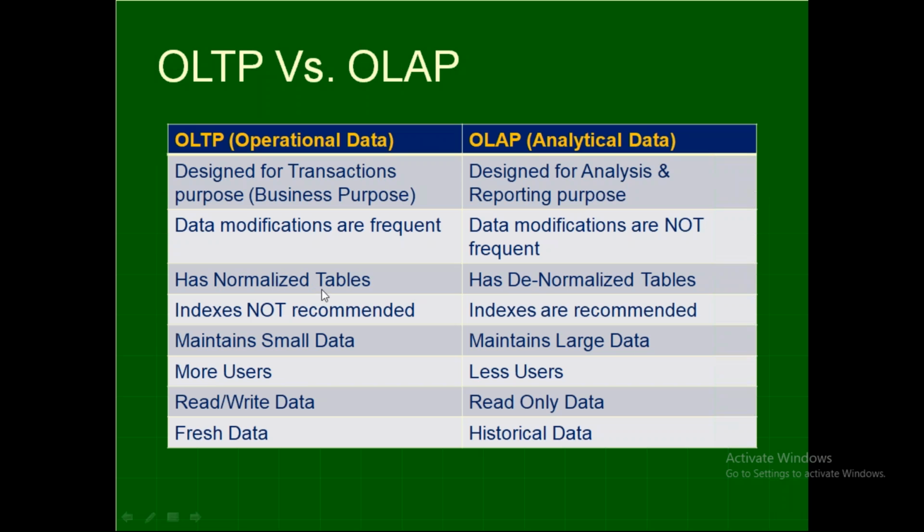OLTP has normalized tables and OLAP has denormalized tables. Normalization improves writing capability, so because of that reason many people use normalization in OLTP applications. But when you have a large amount of data in data warehouses, once in a while you dump the data, then many times you're going to read the data.